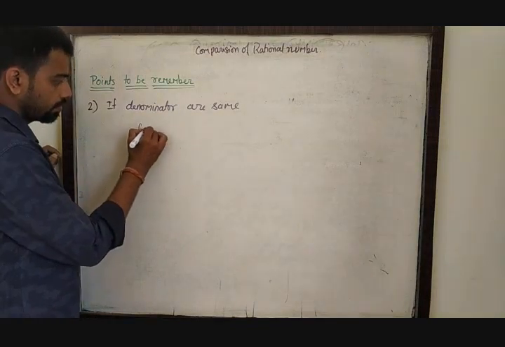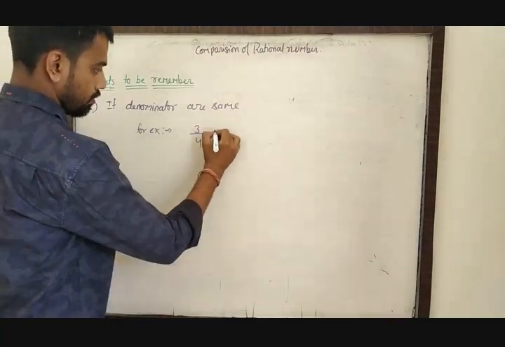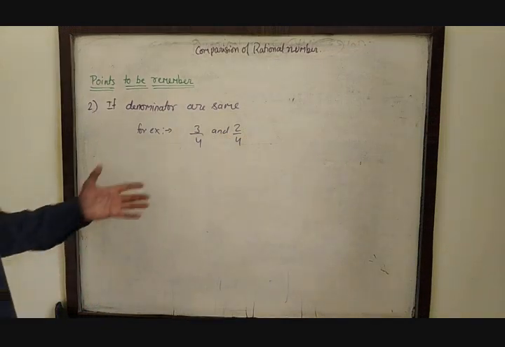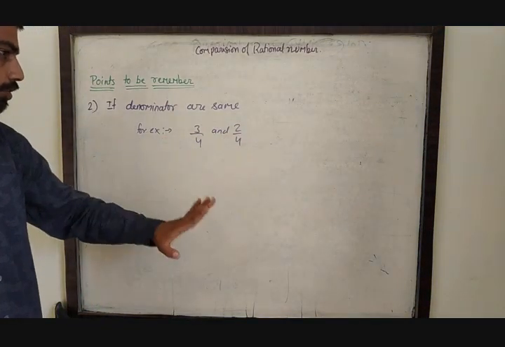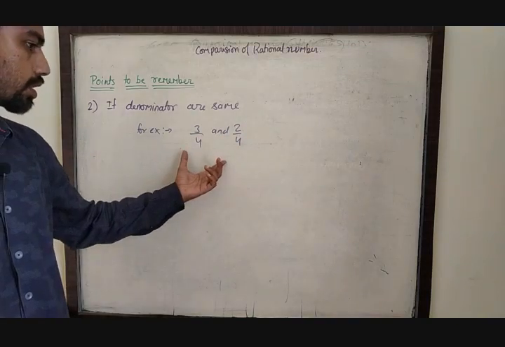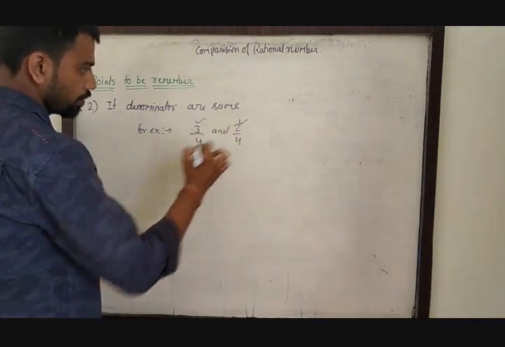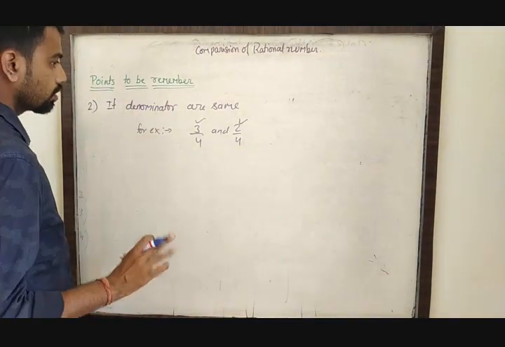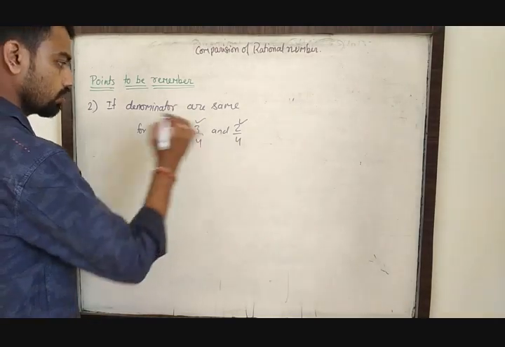For example, 3 by 4 and 2 by 4. If you look at 3 by 4 and 2 by 4, both are positive numbers, but their denominators are the same. Now the only difference is on the numerator side. In such cases, which number is greater or smaller depends on the numerator.